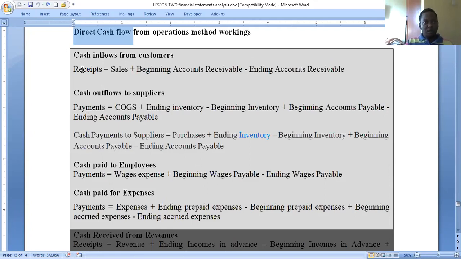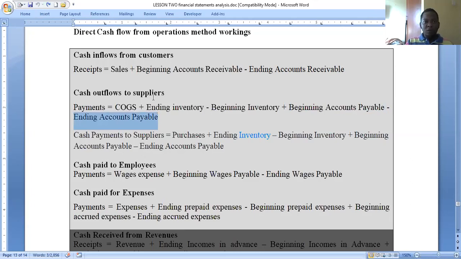For instance, the cash flows from customers are obtained by sales plus opening balance of debtors minus closing debtors. Whereas for cash flows to suppliers, the payments to suppliers is equal to the cost of goods sold plus ending inventory minus opening stock plus opening creditors minus closing creditors.